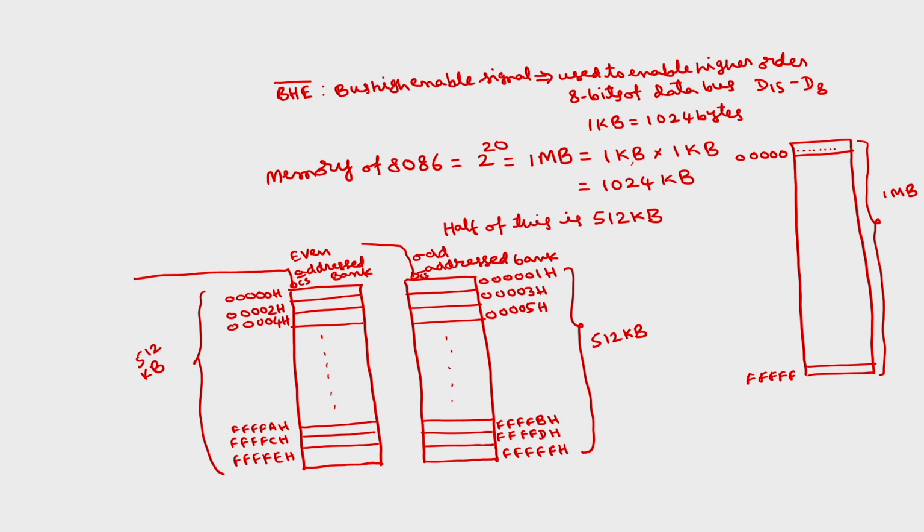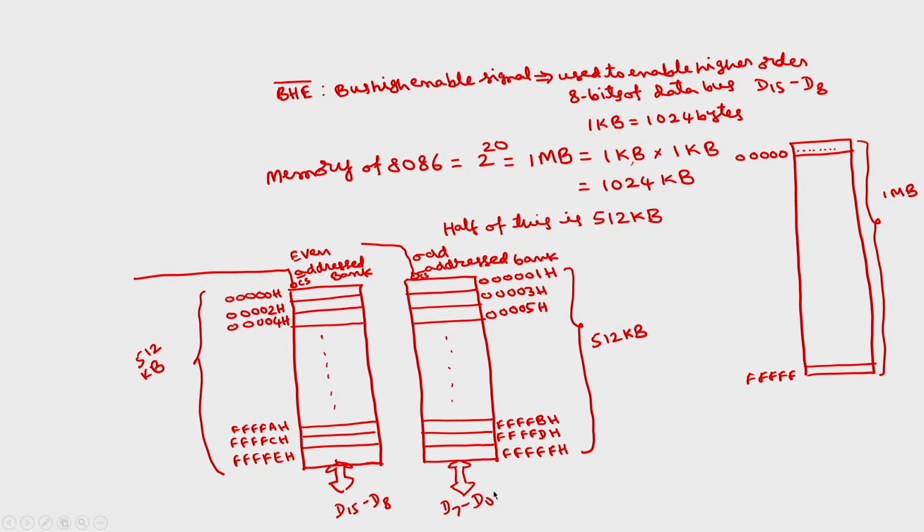So, here this higher order bus will be supplied by this one. This will give a total of 8 bits, and this will give a total of 8 bits. Totally we have a 16 bit data bus. This gives D15 to D8, and this gives D7 to D0.